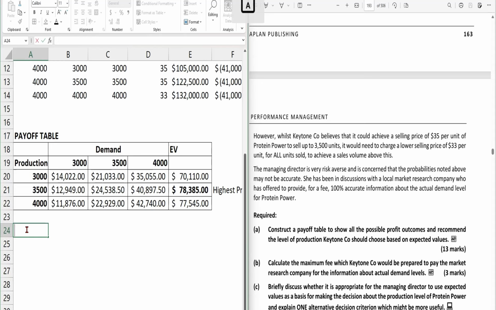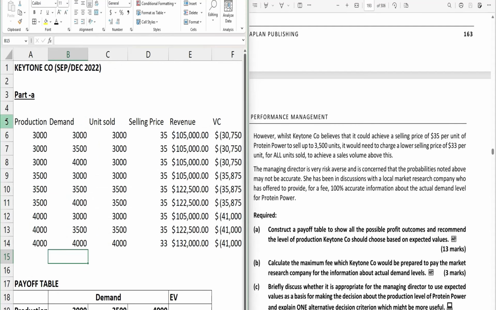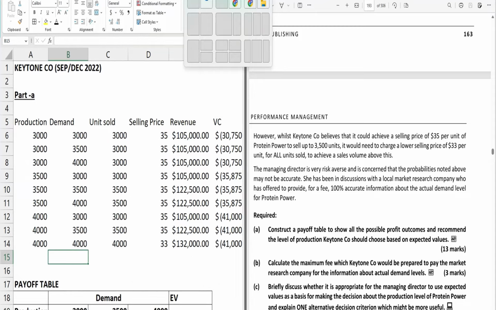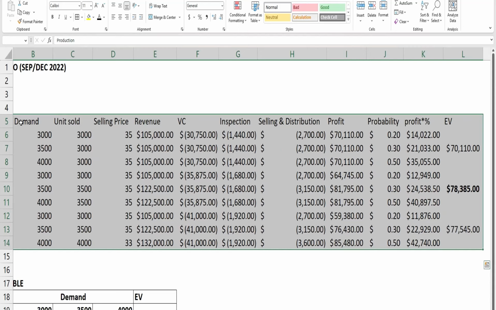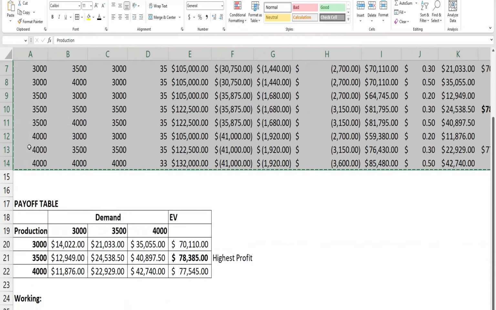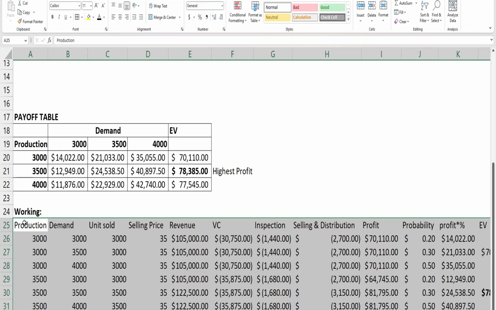Now what you can do is write down here "Working", and just shift this working table below. Let me zoom in one more time. This will make your presentation more attractive. I will just cut and paste it here in the working area and make it a table.